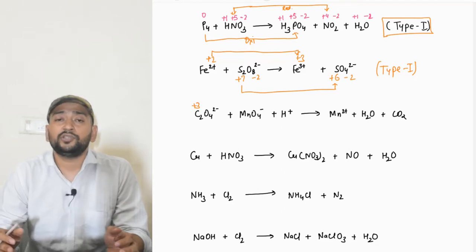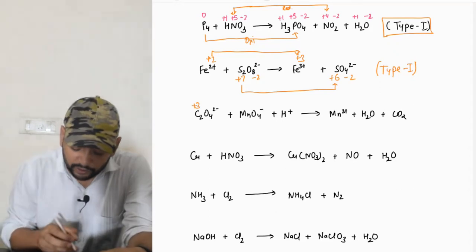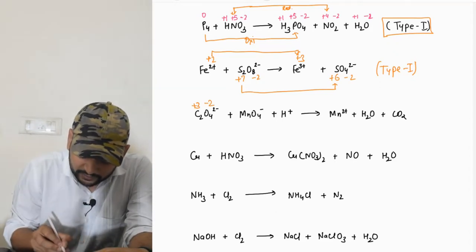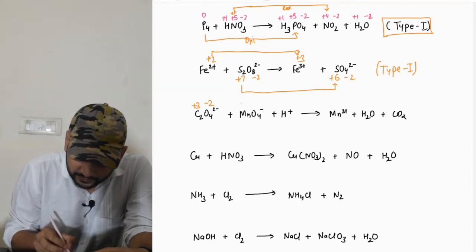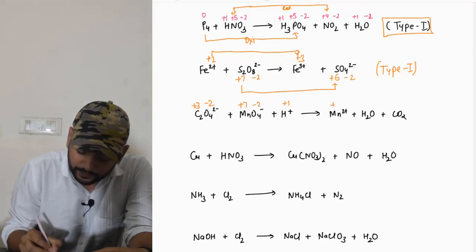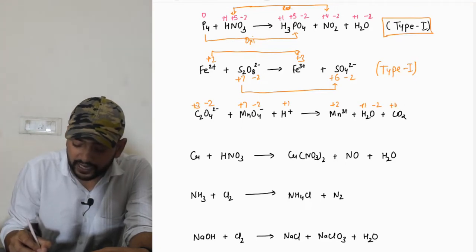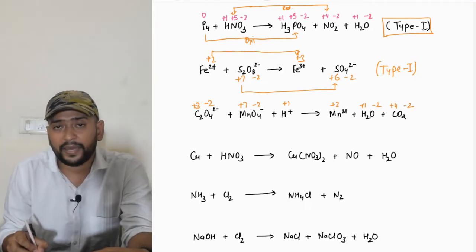Because of this reason you need to practice a lot. So here the oxidation state of carbon is +3, for oxygen it is -2, for manganese it is +7, for oxygen -2 again, here +1, here +2, here +1 and -2, and for carbon here we have +4, and for oxygen -2.